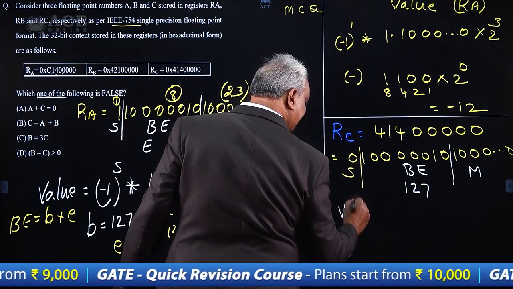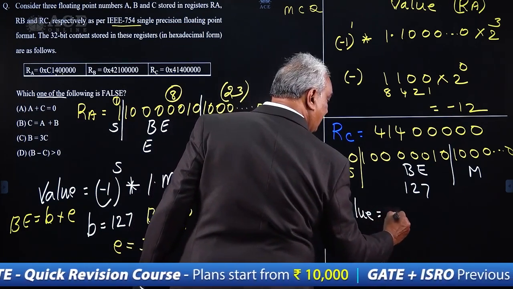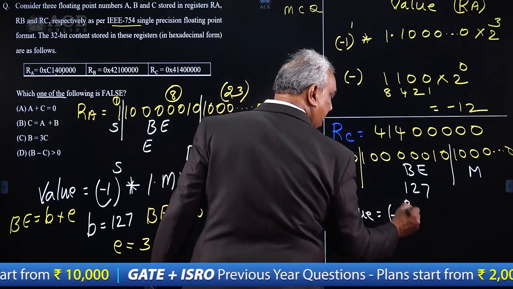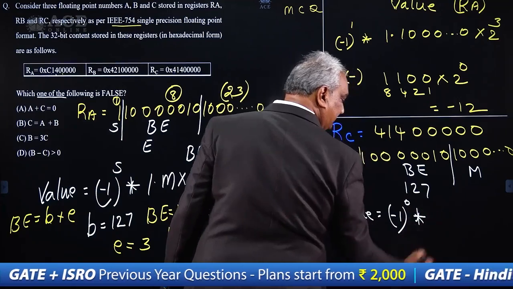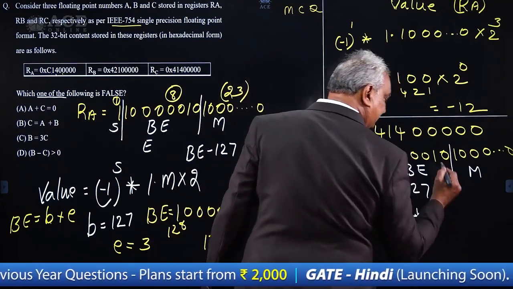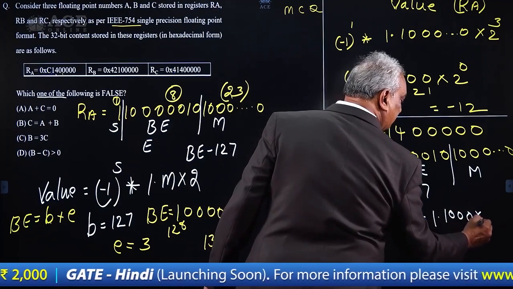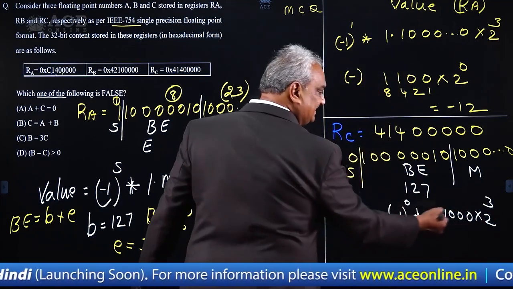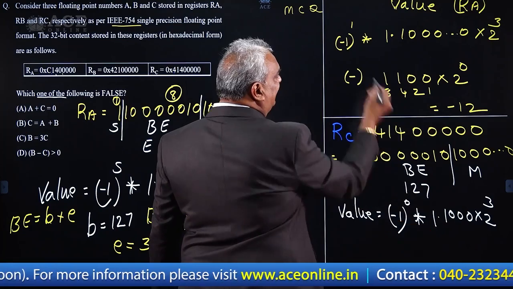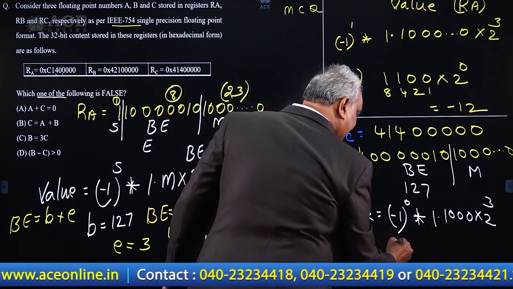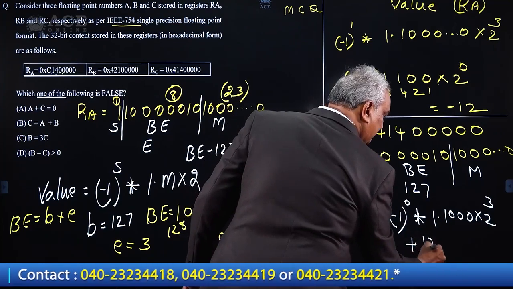Means what about value expression? Value expression is nothing but minus 1 whole power S, here 0, into 1 point, what is M value here? 1000 into 2 power 3. Means this one and this one are the same except the sign symbol. So minus 1 whole power 0 is nothing but 1, nothing but plus 12.